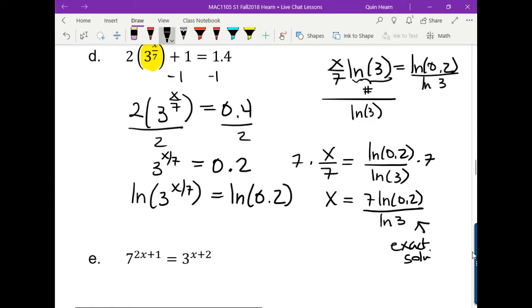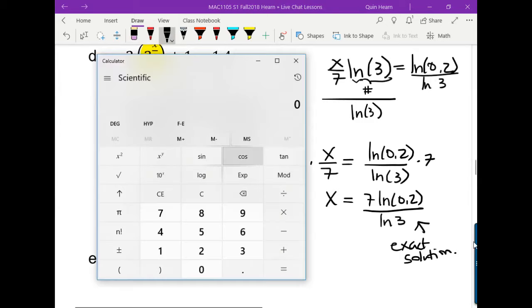Okay, but we were also asked to estimate it, so let's go ahead and get an approximation using a calculator. So we're going to have 7 times the natural log of 0.2.